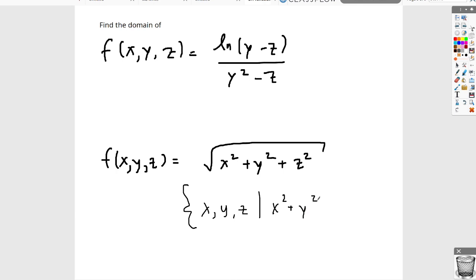So x squared plus y squared plus z squared has to be less than or equal to, or no, not less than or equal to, I'm sorry, greater than or equal to 0. That's it, right? You don't even really have to do anything else. You just have to notice that this has to be greater than or equal to 0, and that's it, right?